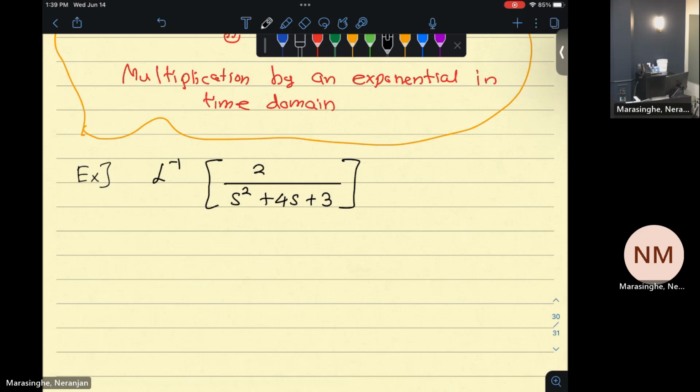In general, the Laplace of hyperbolic sine omega t is equal to omega divided by s square minus omega square. Use this idea and use the completing square method in the denominator.